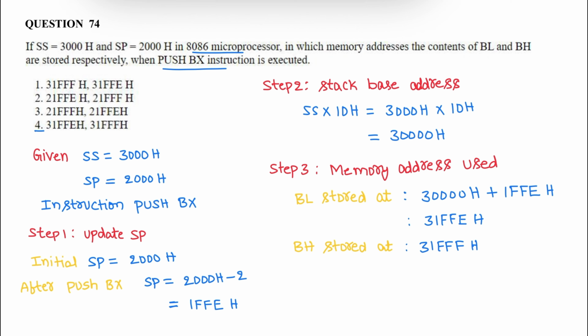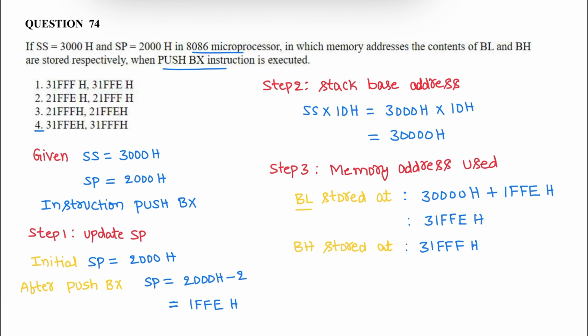Step 2. Stack base address is segment address SS times 10H. 3000H times 10 is 30000H. Next, the memory address used is 30000H plus 1FFE. For BL, 31FFE.